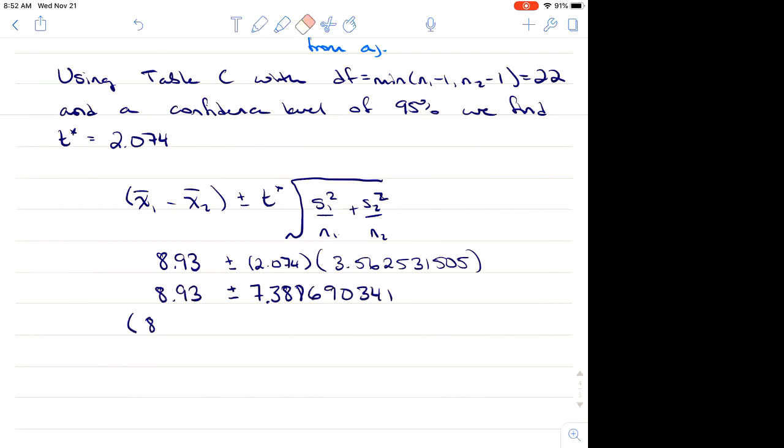Oops. So 8.93 minus, recall, 1.541309659, up to 8.93 plus, recall, 16.31869034.